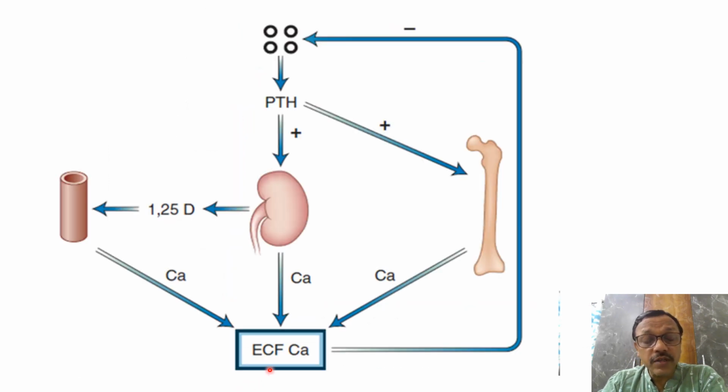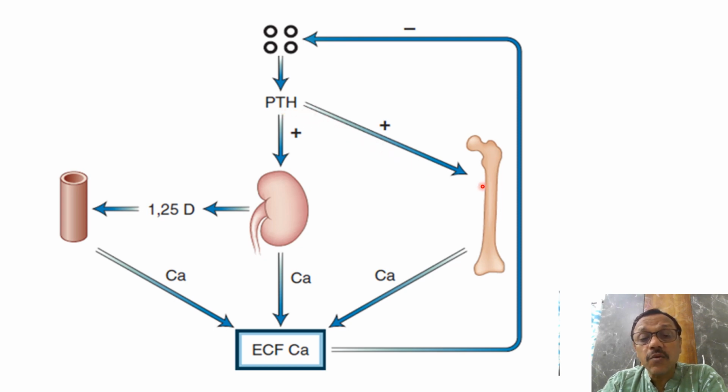Now suppose there is a decrease in extracellular calcium. There are certain mechanisms by which the decreased amount of calcium will be increased. Number one, this decreased calcium, through negative feedback, will stimulate the parathyroid gland to release the parathyroid hormone. Now the parathyroid hormone is going to affect three organs.